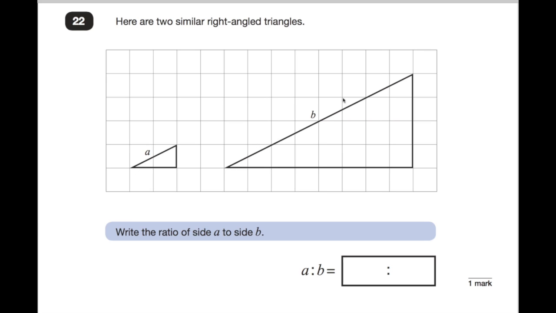Now from this point here up to this point, it is 1, 2, 3, 4, 5, 6, 7, 8 across and 1, 2, 3, 4 up. So it is 4 times the size of this triangle here. So in order to express that, we say that A is 1 and B is 4 times bigger than A.